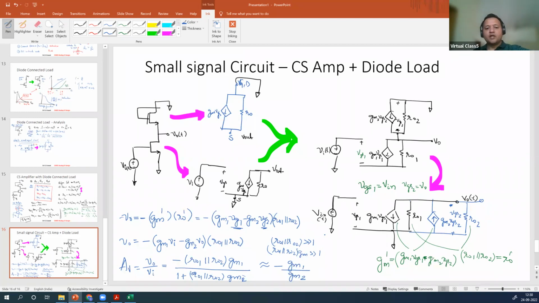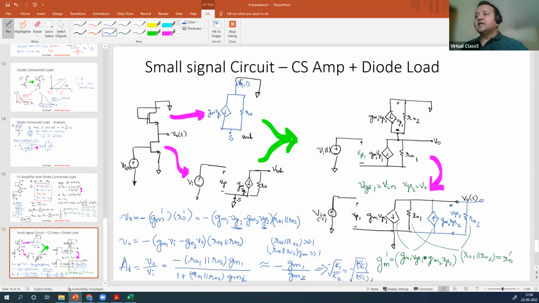Right? Now this can be written as GM1 over GM2. If you replace GM1 as 2 times root K1 times ID, you will effectively get this as mu n Cox W by L, K1 by K2. GM ratio is effectively now equal to K1 by K2. And the moment it is K1 by K2, you are now only limited by W1 by W2 by 2. Right?